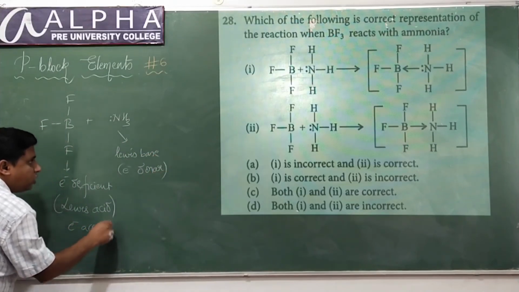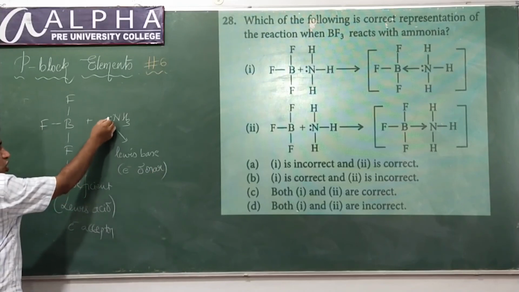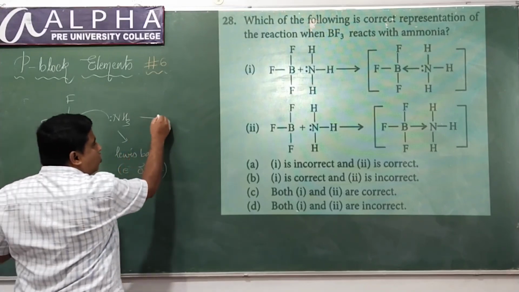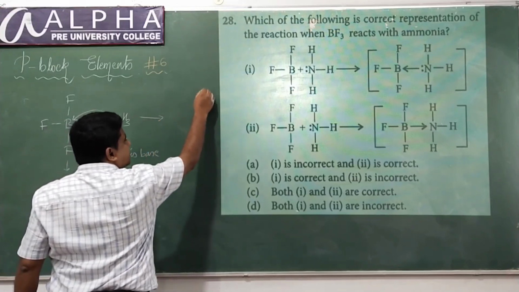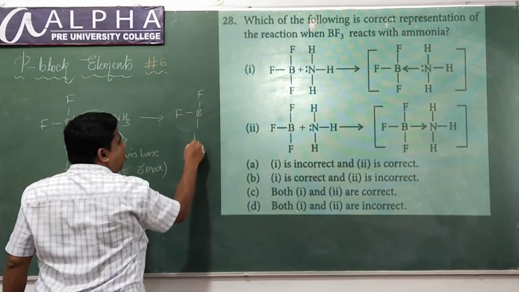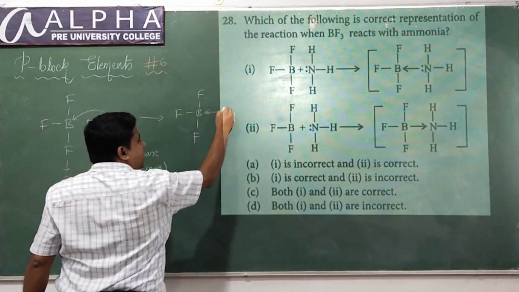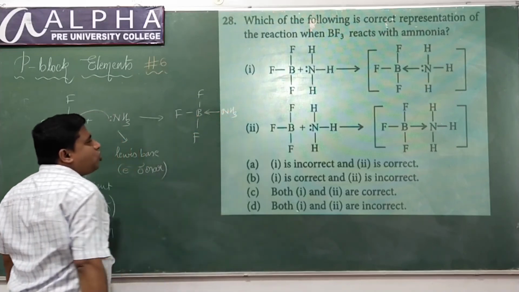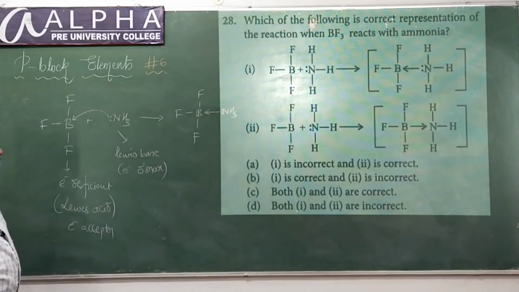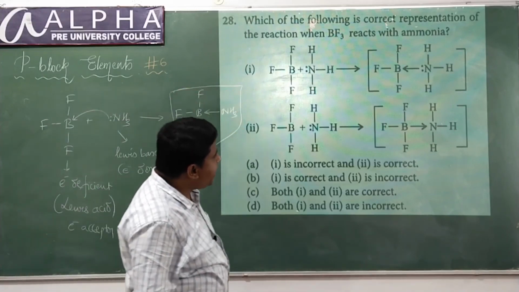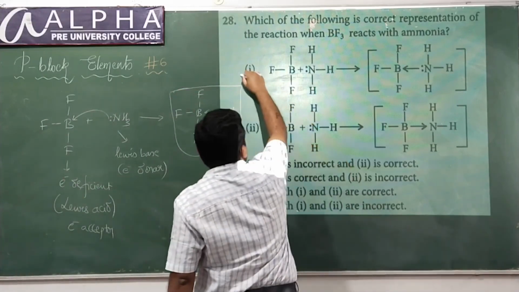So nitrogen will donate its lone pair of electrons to boron. When nitrogen donates its lone pair of electrons to boron, there is a coordinate bond formation. Observe this. There is a coordinate bond formation between ammonia and boron trifluoride. Got it? So this is the compound formed. So what is the correct reaction? The correct reaction is this one.